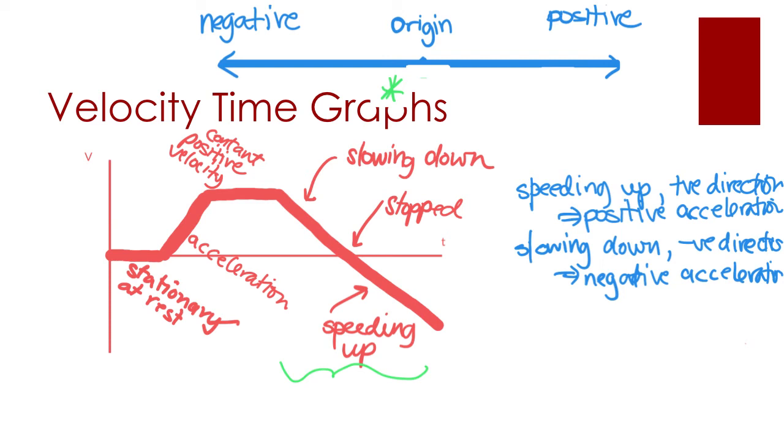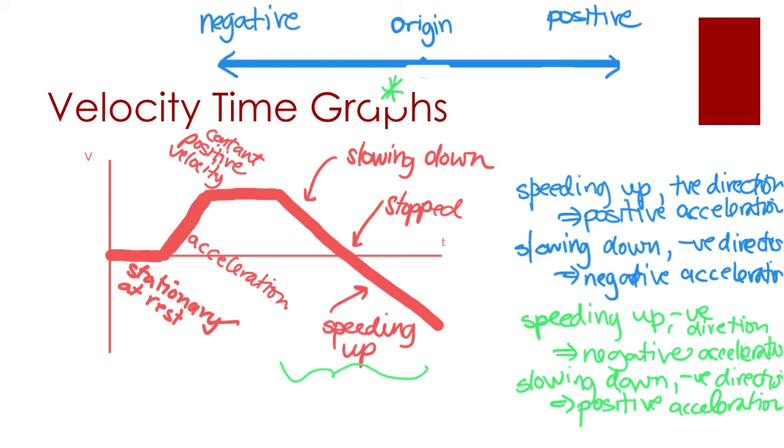The acceleration due to gravity is going to be negative 9.81 meters per second squared. So if I don't have any air resistance, the gradient of this line here would be 9.8. Once I get up to the top, what does it do? It turns around and starts falling down and speeding up back towards my hand.